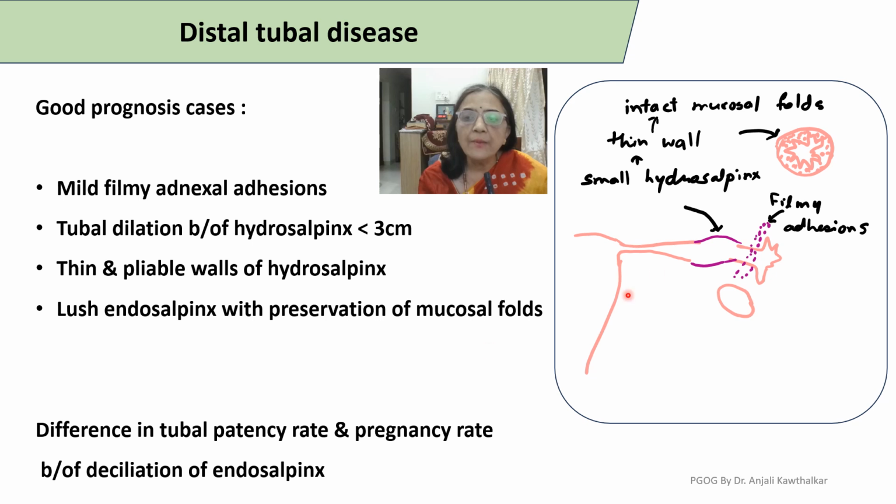As we have already seen, the inner lining of the fallopian tube is made of tall columnar cells, which are ciliated, and these ciliated cells help in the transport of the fertilized ovum. So if ciliated cells are damaged because of a previous infection, though the tube is patent, it will not lead to successful pregnancy.